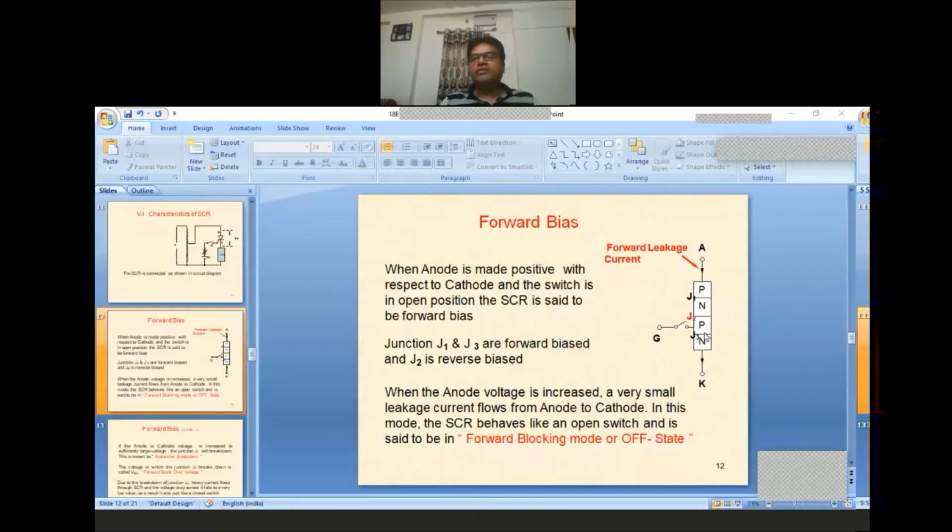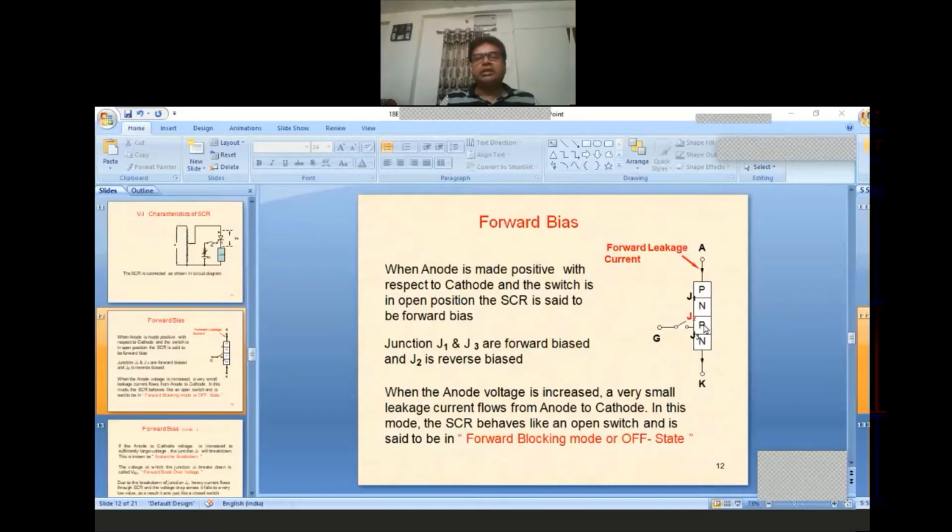But with the same effect, what happens is the holes from the inner P region and electrons from the inner N region are going away from the junction J2, that is the middle junction, because of which the width of the junction J2 goes on increasing and increasing.